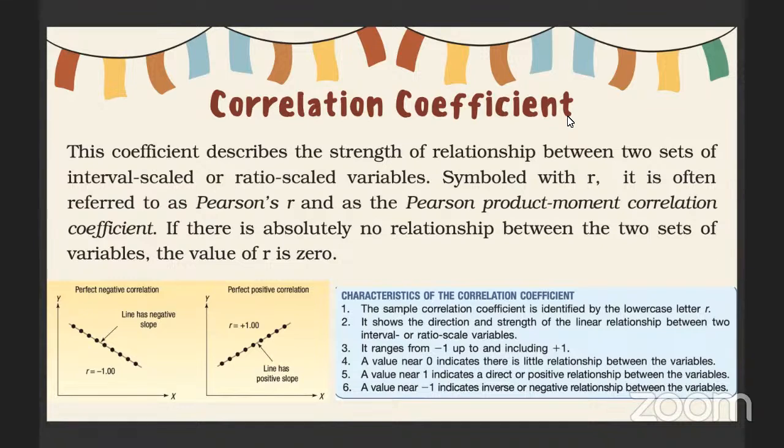However, if it's near 1, for example 0.900, it means there is a very strong positive relationship. But if it's near -1, it indicates a negative relationship.